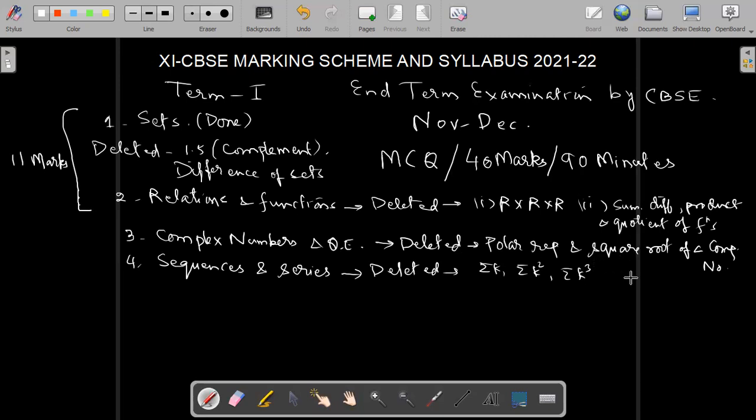The formula for a special sum is deleted. And these two chapters will have 13 marks. Okay.